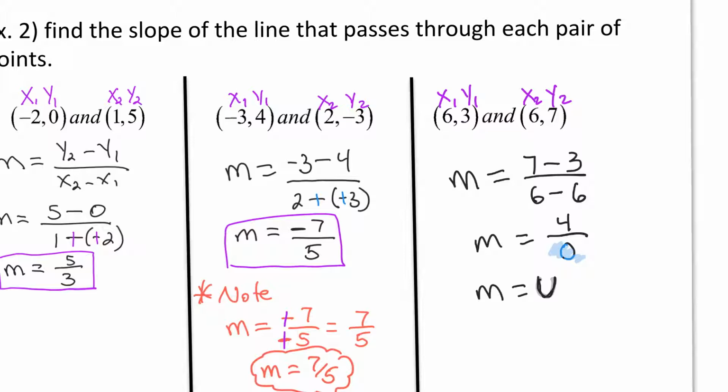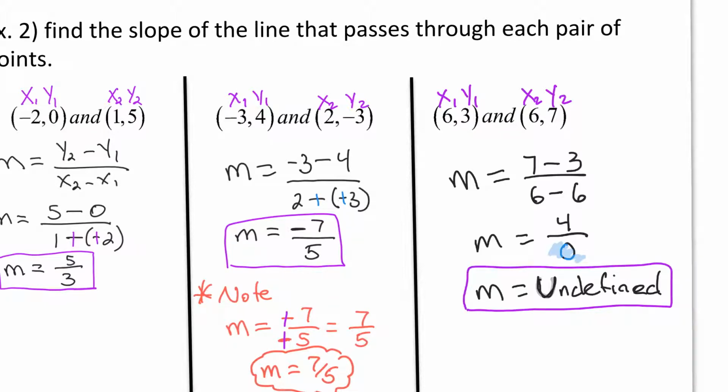So you're going to write down the word undefined. And why is it undefined? Because we don't know what it is when you take a number divided by 0. So we say it's undefined. If you try it with your calculator, you're going to get a syntax error. You're going to get some type of error because you cannot divide by 0.